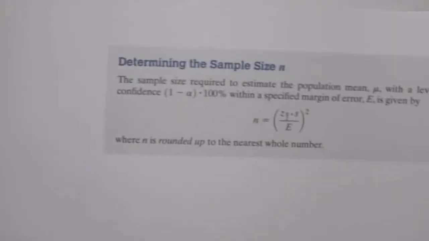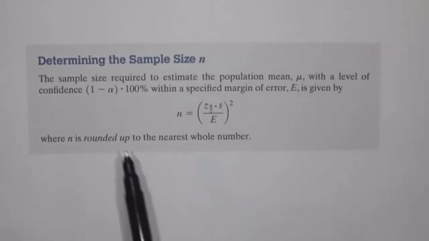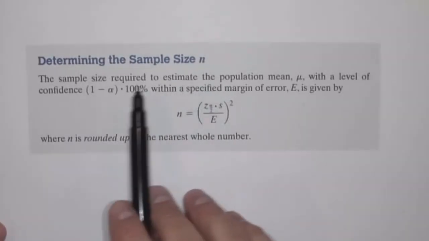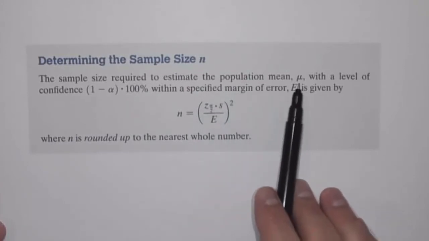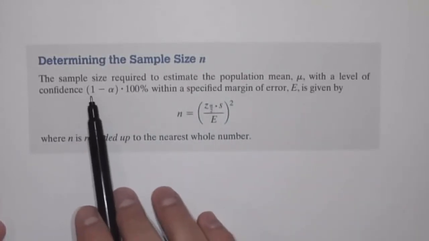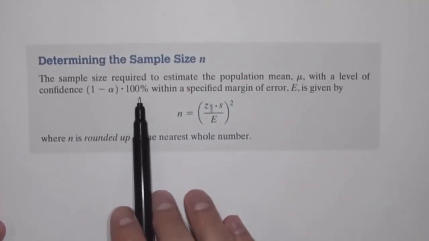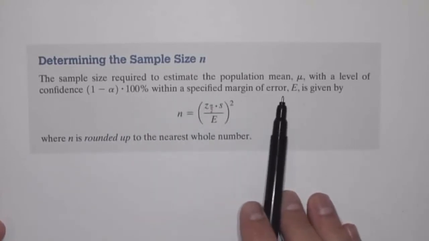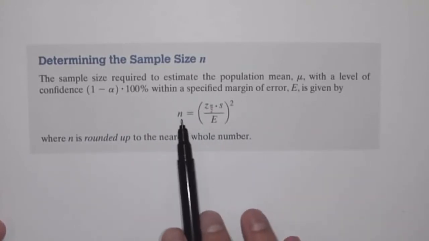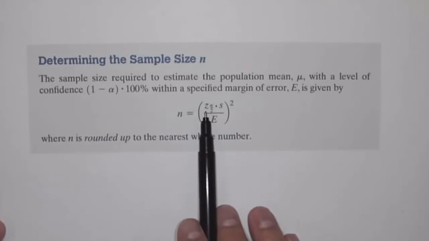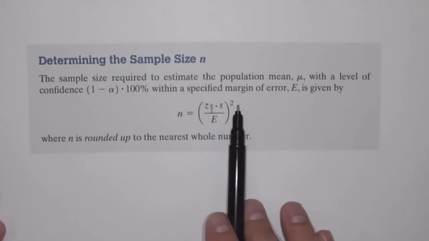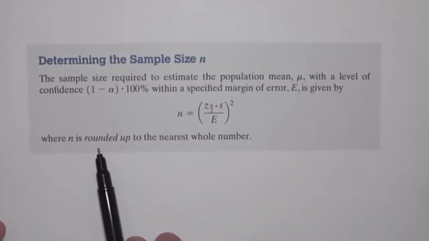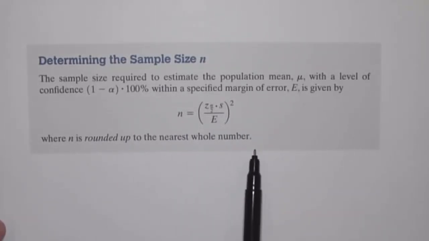Let's formalize this. Determining the sample size n. The sample size n required to estimate the population mean mu with a level of confidence 1 minus alpha times 100% within a specified margin of error e is given by n equals z sub alpha over 2 times s divided by e, quantity squared, where n is rounded up to the nearest whole number.